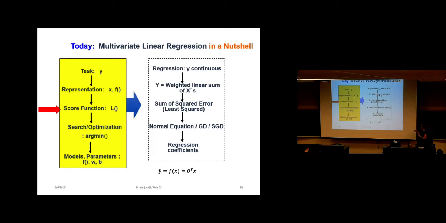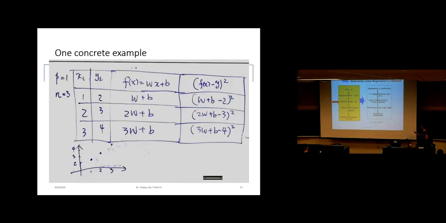Now let's go to the scoring function. Now we know how to represent f, but we don't know how to learn theta. It's very similar to our simple example. We knew the representation, but we didn't know W and B. There, we speculated that the square loss function is good. And yes, it's good.